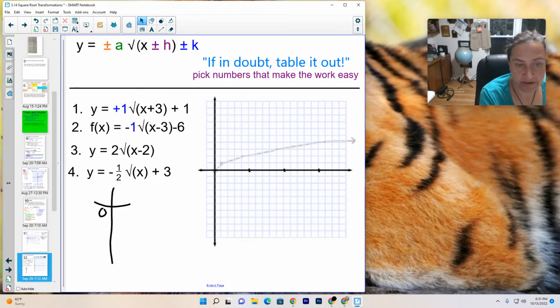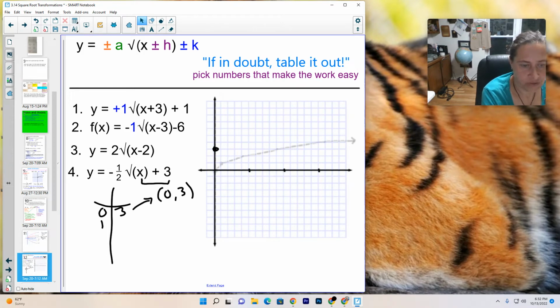So I don't have any shift here. So this is going to start at 0 and 3. So 1, 2, 3. So I don't have any left or right shift at all. So if I put a 0 in there, the square root of 0 is 0 times 1/2 is 0 plus 3 is 3. There's my vertex. Let's put a 1 in there.